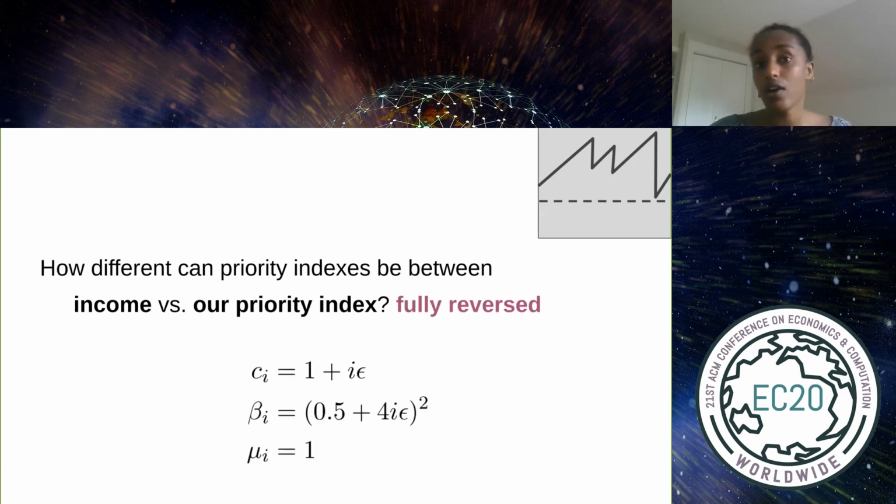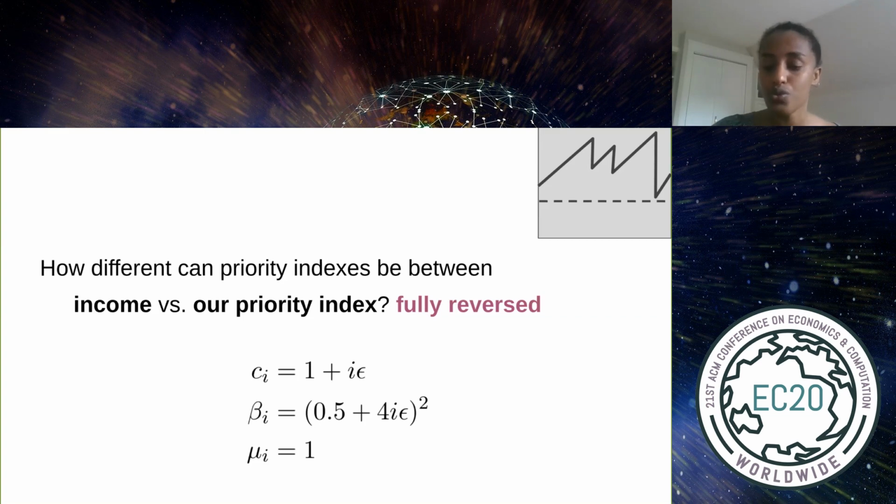As it turns out, I can give you a very simple expression. We won't get into it in the interest of time, that shows that our optimal solution can give the exact reverse ordering of the ordering induced by the agents' income. So basically, if you're going by the agent's income, you might actually be targeting the person who's the least receptive to your intervention, compared to what the optimal solution would say.